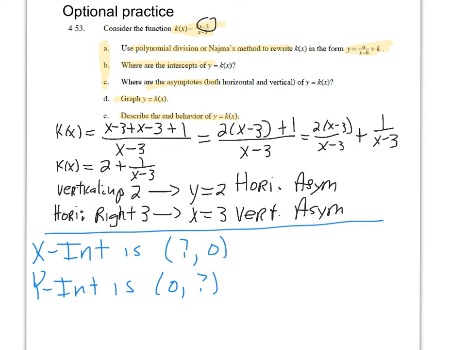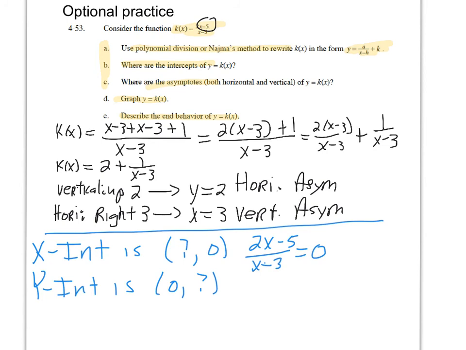So what x value can I plug into 2x minus 5 over x minus 3 and give us an output of 0?